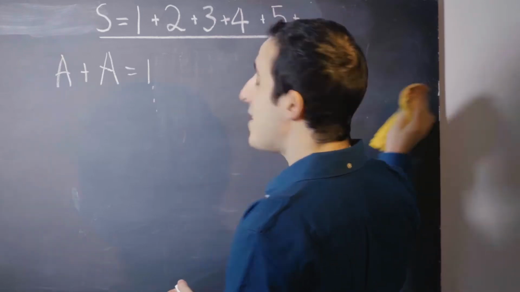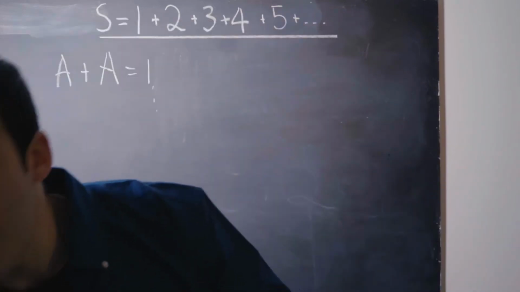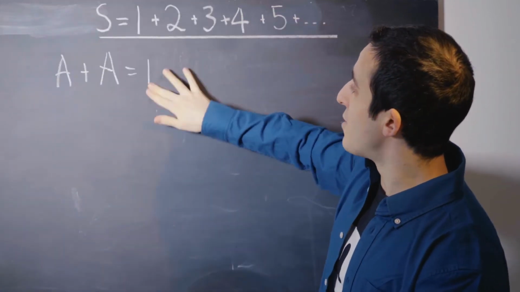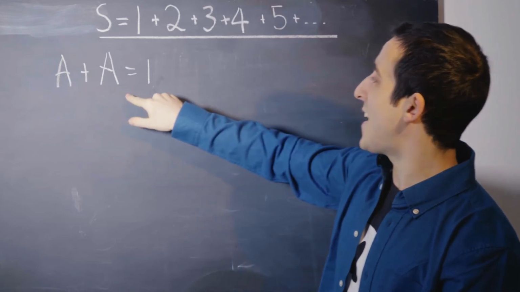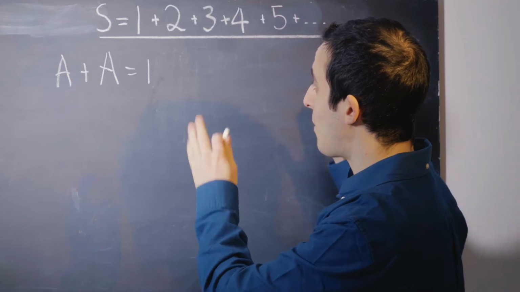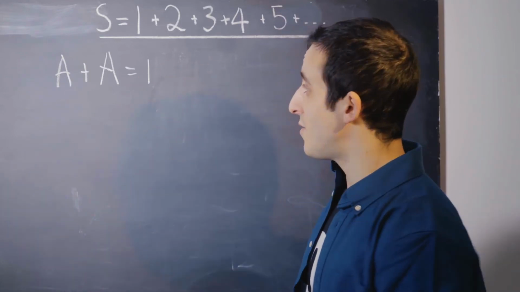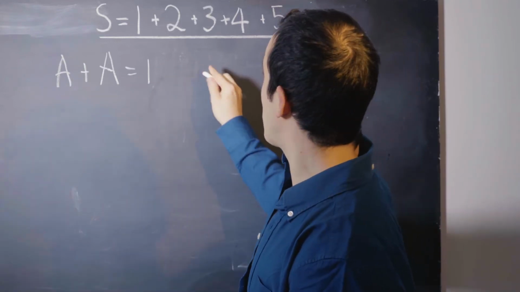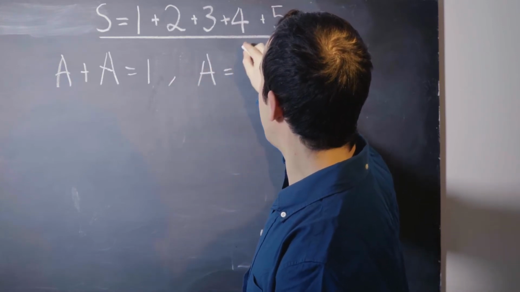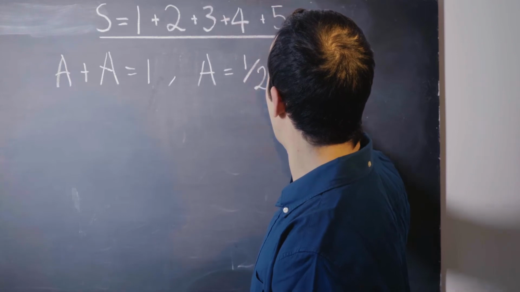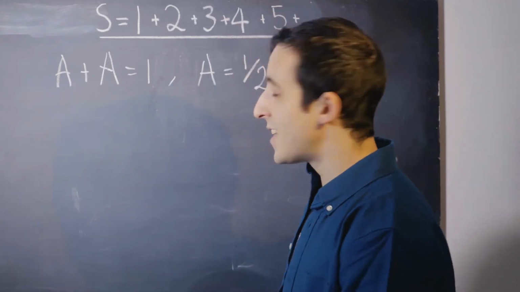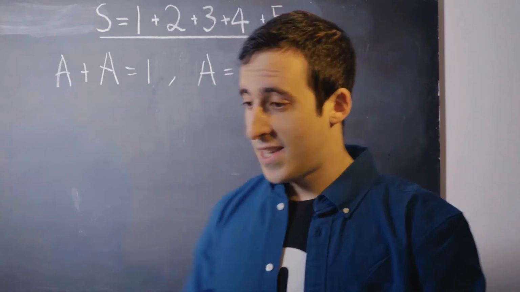We found that even though we started with an infinite sum, by pairing up the terms like this, we've reduced it to A plus A equals 1. We've lost the infinite terms, and we've just got a very simple equation that we can solve. So if A plus A equals 1, what does that tell us? That tells us that A is equal to 1/2. Right, so we've made progress, but we're not out of the woods yet.